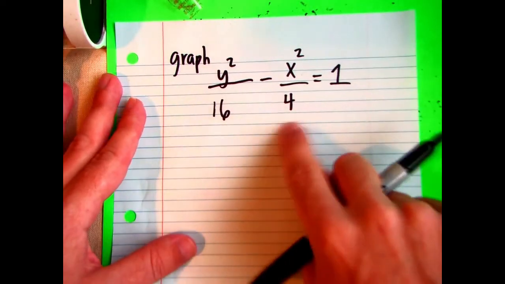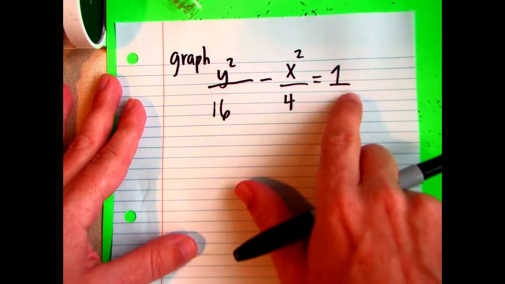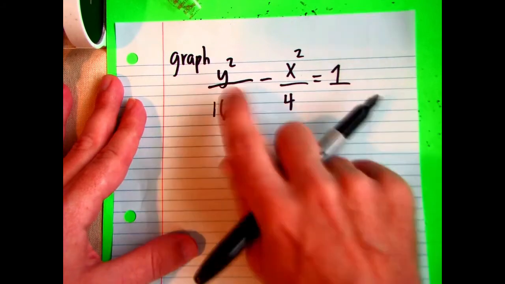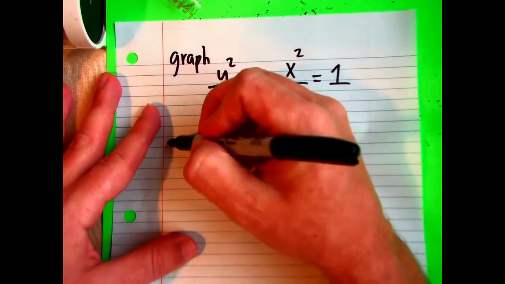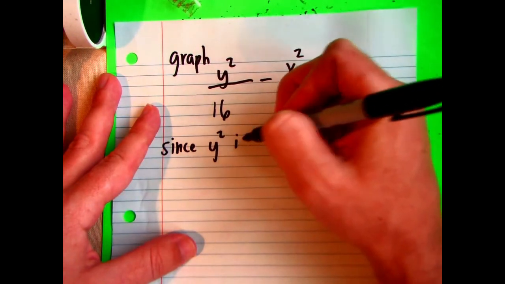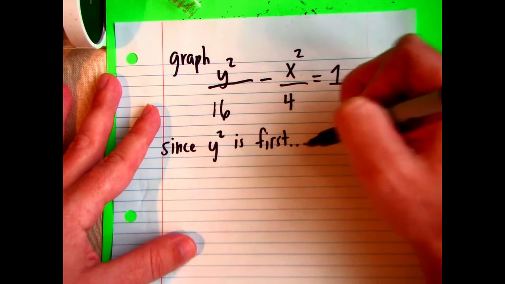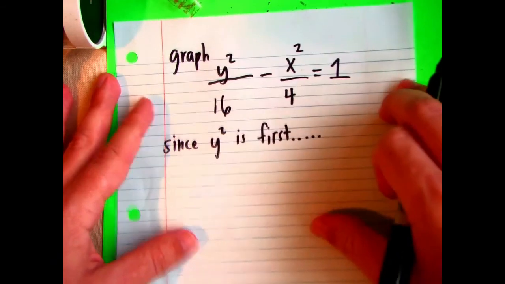Alright, another example here that I'm going to go through. Again, we're dealing with a hyperbola because of that minus in the middle. But the big difference now is y squared is first. So that's going to change things up just a little bit. Alright, so y squared is first.